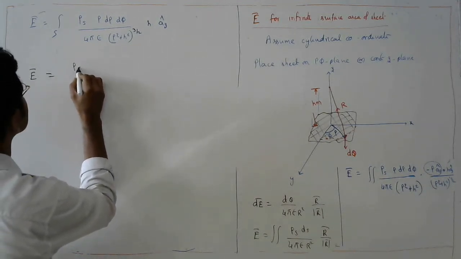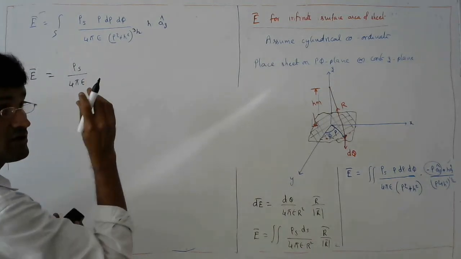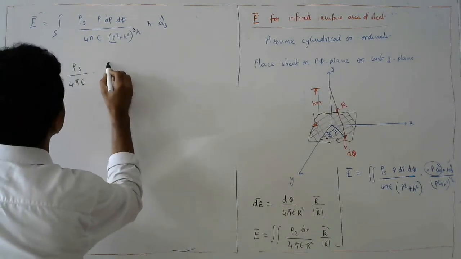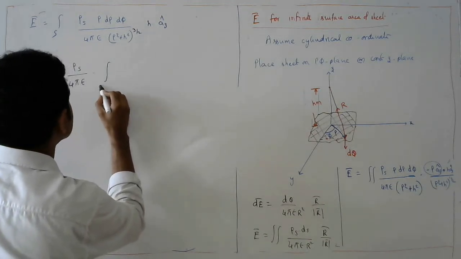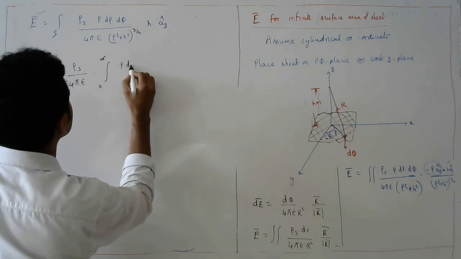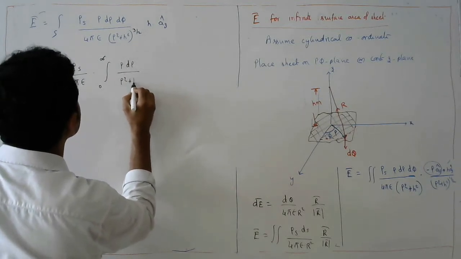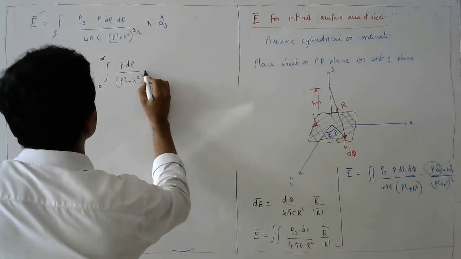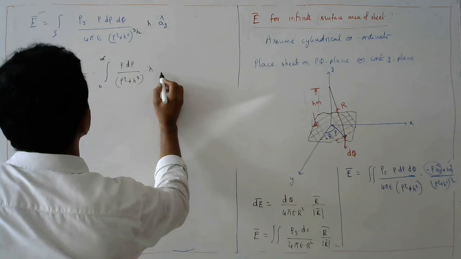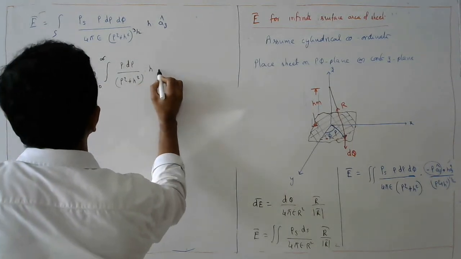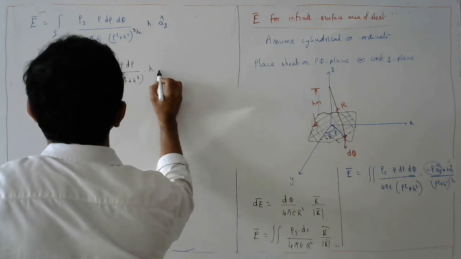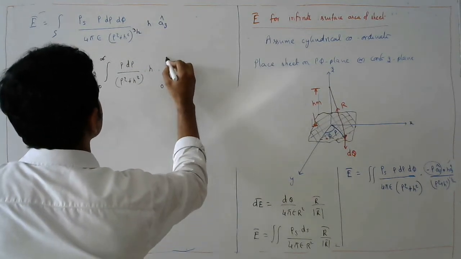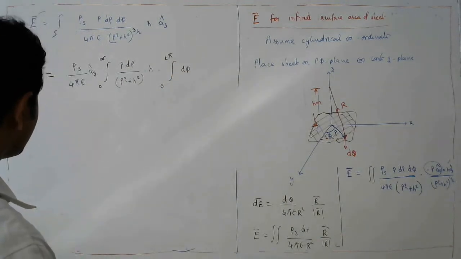First I write the constant as usual, rho s by 4 pi epsilon, into the integral where rho is the radius of the cylinder, 0 to infinity, rho into d rho by rho square plus h square to the power of 3 by 2, into h z cap, into the phi variation d phi, from 0 to 2 pi. Now let us integrate this.